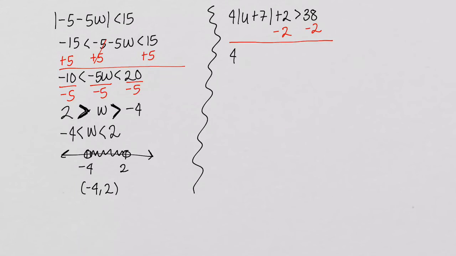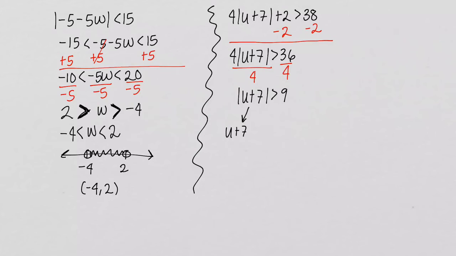You're going to get 4 absolute value of u plus 7 greater than 36. Getting rid of that 4 out front, dividing by 4. Absolute value of u plus 7 is greater than 9. Now that the absolute value is by itself, you are going to split it up. It's a greater than sign, so you're splitting.